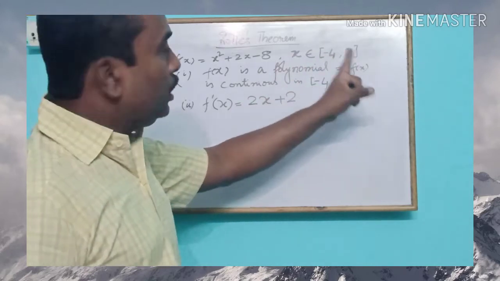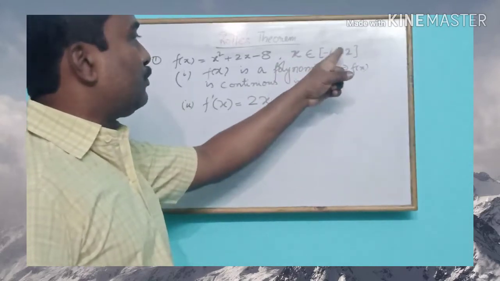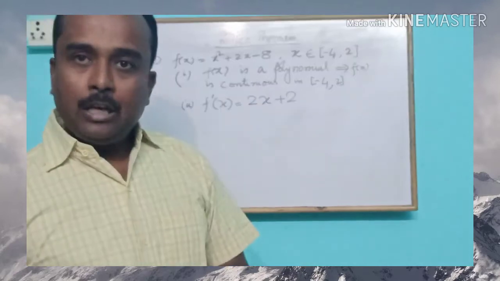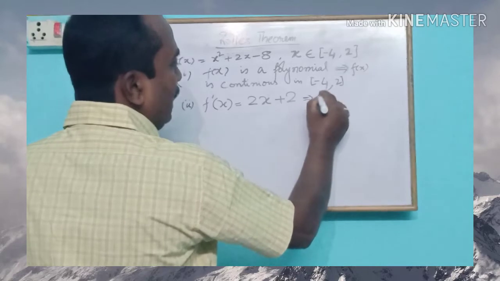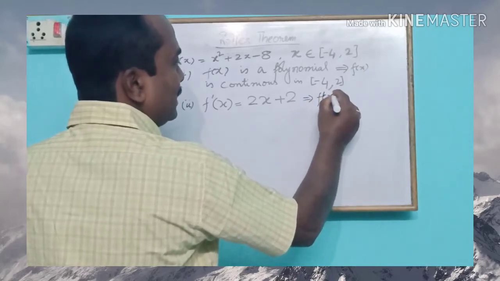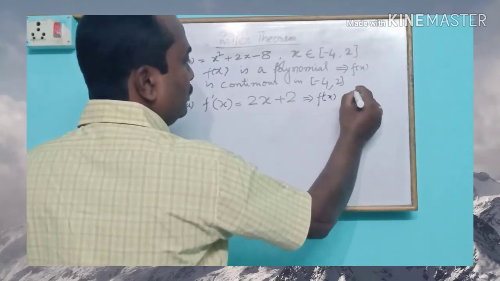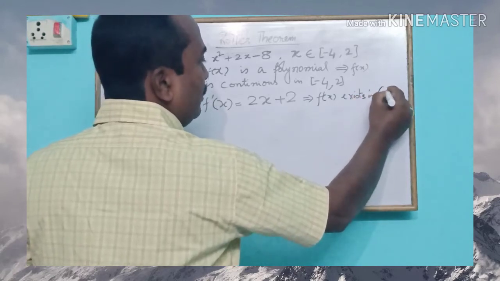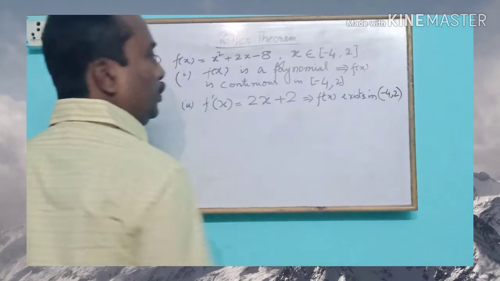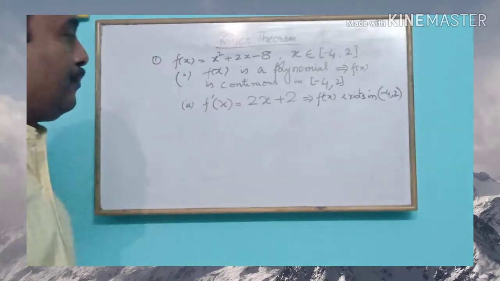Any point we put, any number we put in between -4 to 2, it will always give something finite. So this implies that f'(x) exists in the open interval -4 to 2. Is it okay?